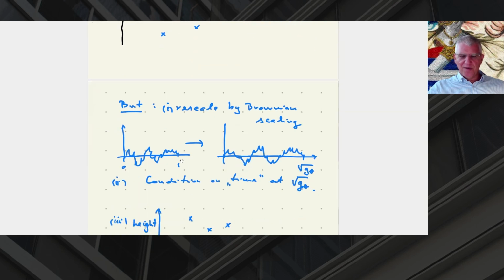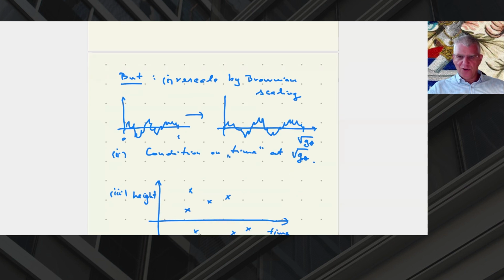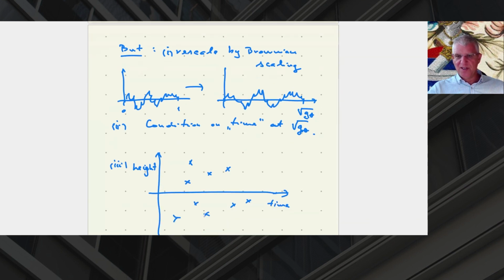You take the Brownian bridge, you rescale it, which means that you stretch it so that it's not on the interval from 0 to 1, but on the interval from 0 to square root of g theta. And then you also stretch it in the space dimension. And if you do that right, and if you then condition on the local time at the end, you get a Poisson process. And here is the connection.